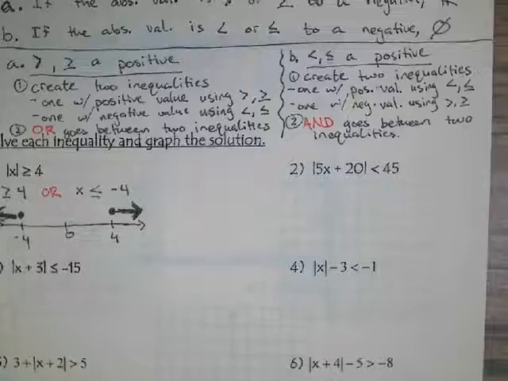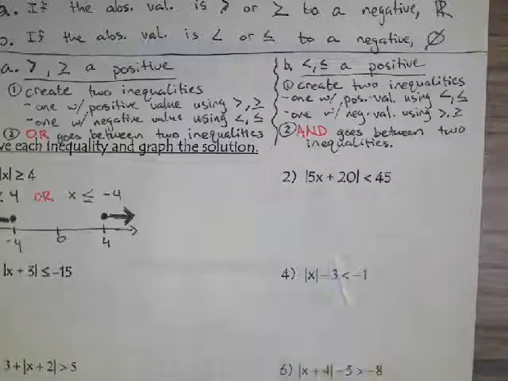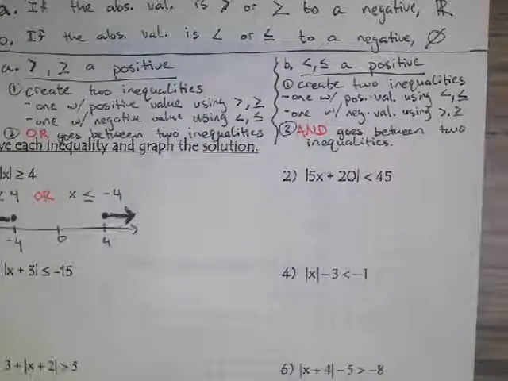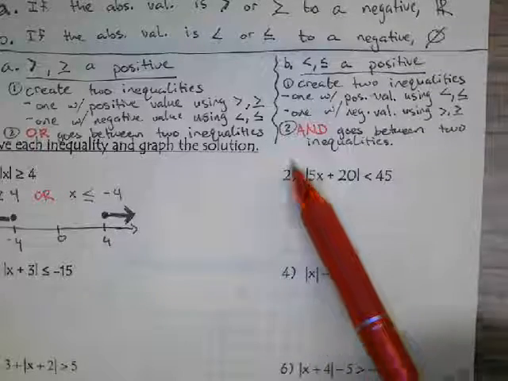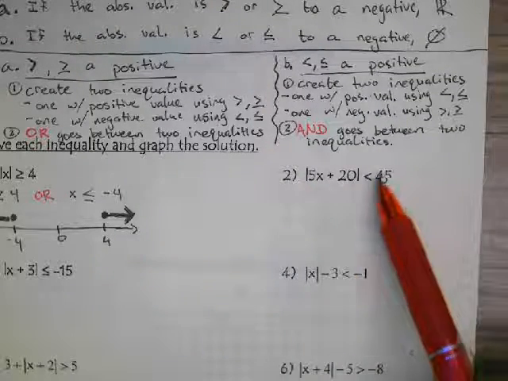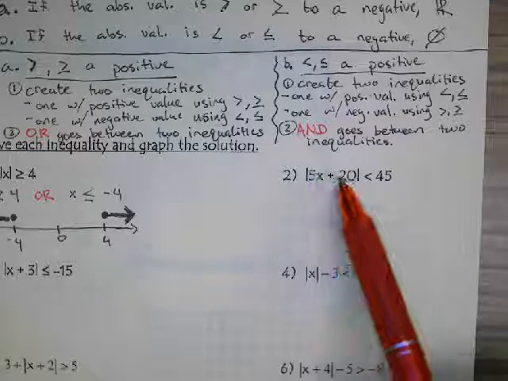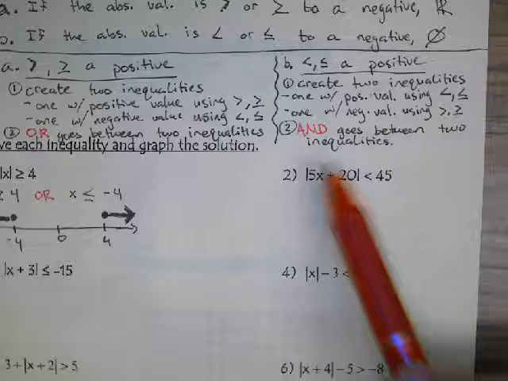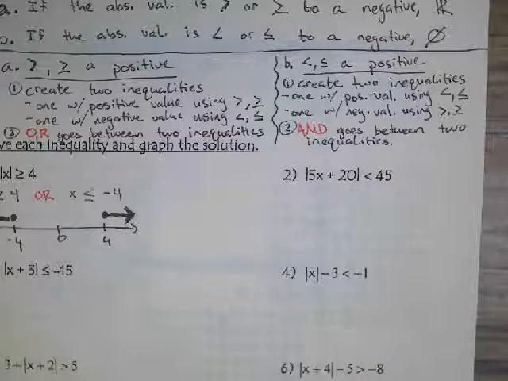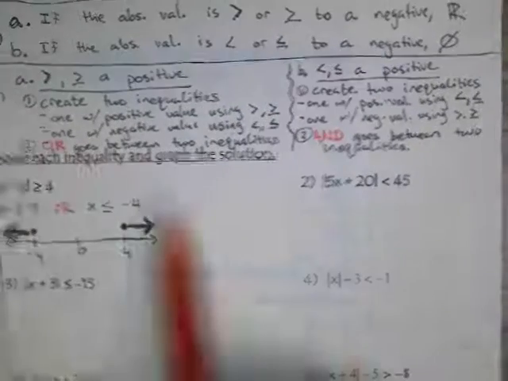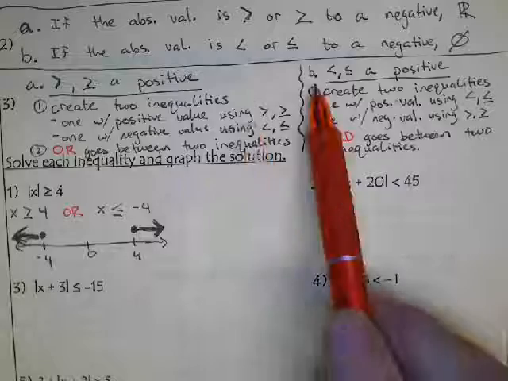Our first part, is our absolute value isolated? It is. There are no numbers on the outside of the absolute value. We've got some stuff on the inside that's a little complicated, but there's nothing on the outside. So our absolute value itself is isolated. Okay, so are we looking at 3A or 3B?